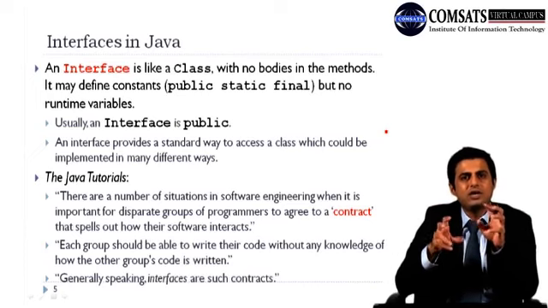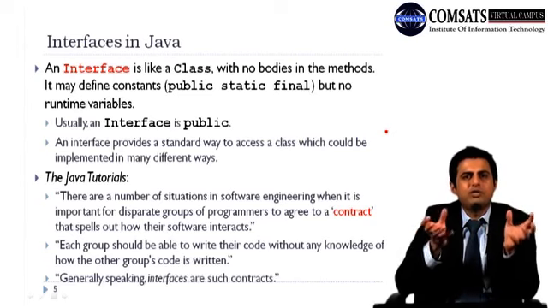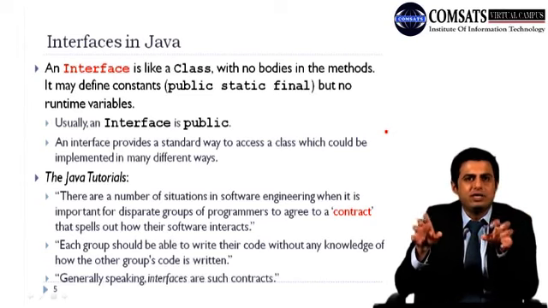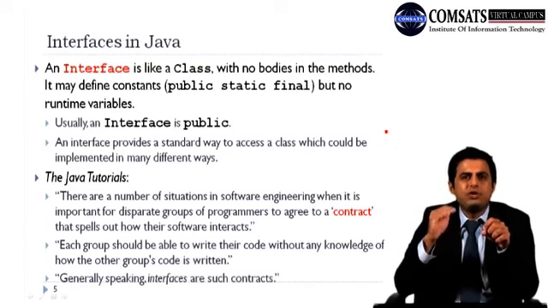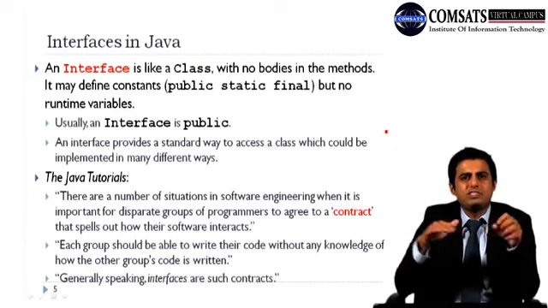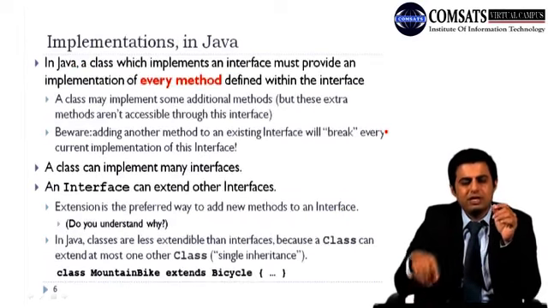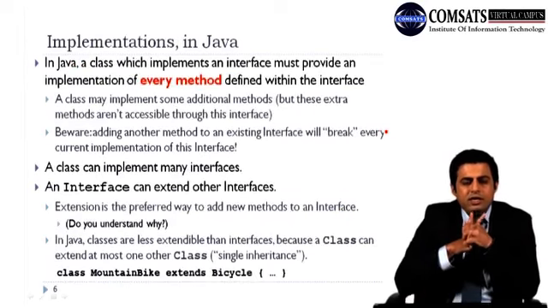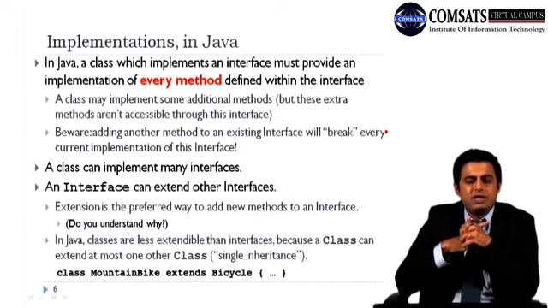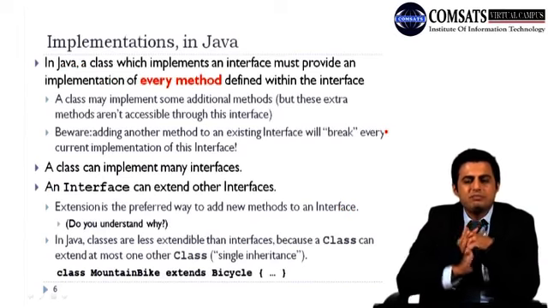Now those methods are not going to have implementation, because different cars are going to implement these methods differently. So in the interface you only declare those methods which are shared by all the other classes. That's why they are called contracts. In Java, a class which implements an interface must provide an implementation of every method.